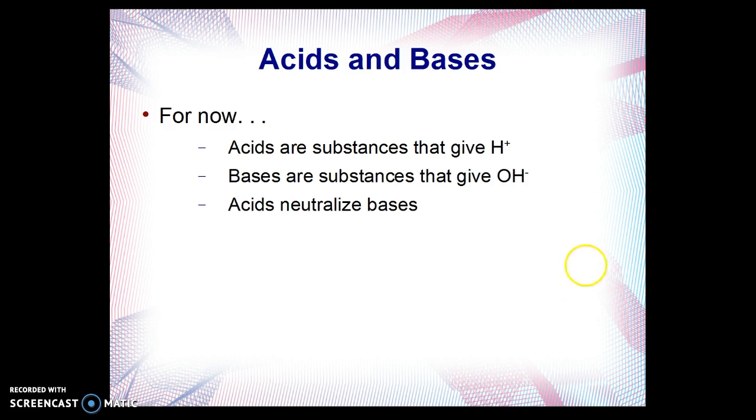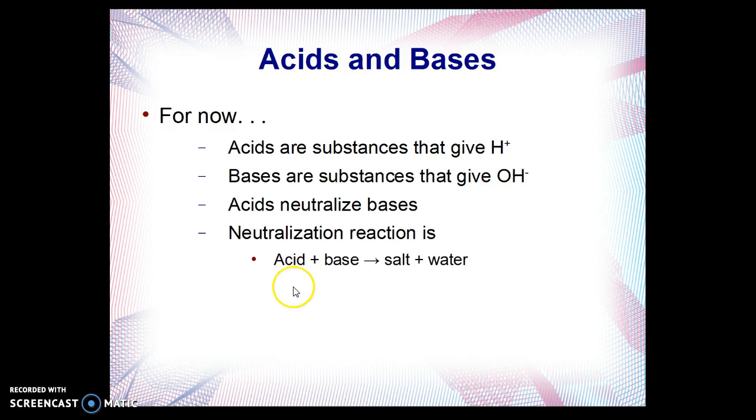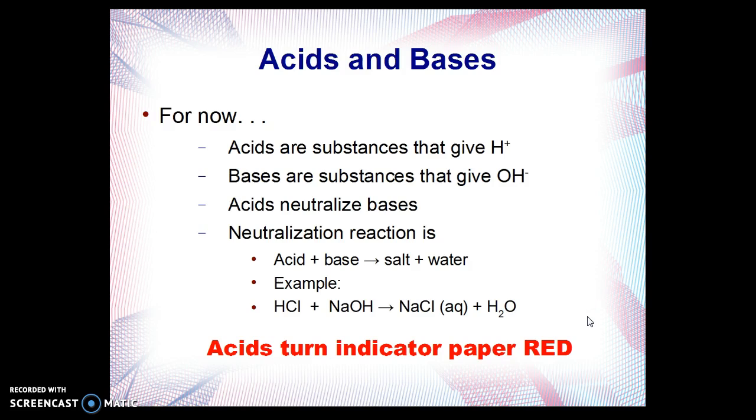Acids neutralize bases because the hydrogen ion and the hydroxide ion react to form water. This is the neutralization reaction. Acid plus base gives you a salt and water. For example, hydrochloric acid reacts with sodium hydroxide to form aqueous sodium chloride and water.